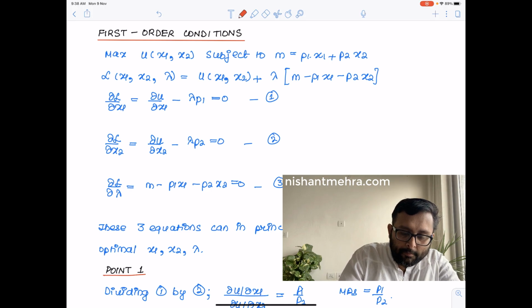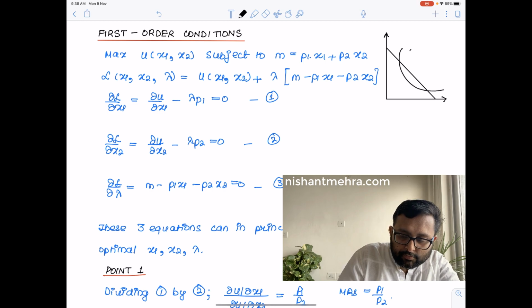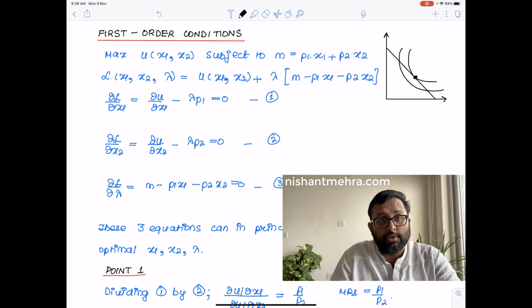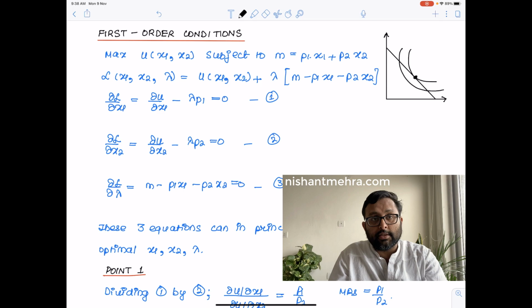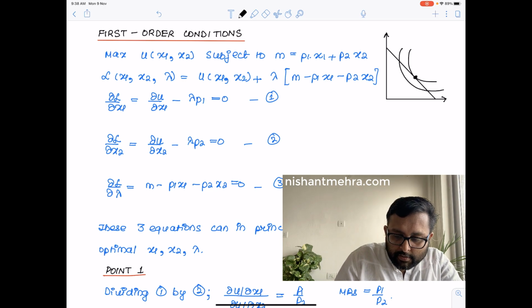For example, this is an interior solution. This is not coming on the corners, right? On your constraint's corner, you do not have the solution. So your budget is the constraint, but this guy is the interior solution, beta.